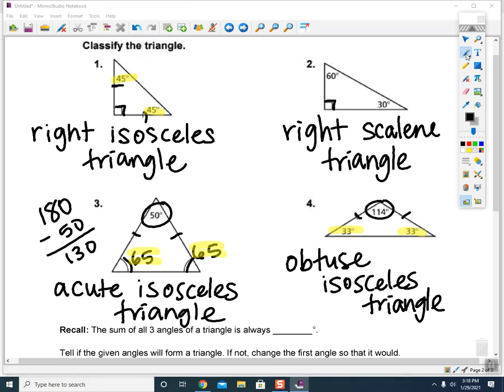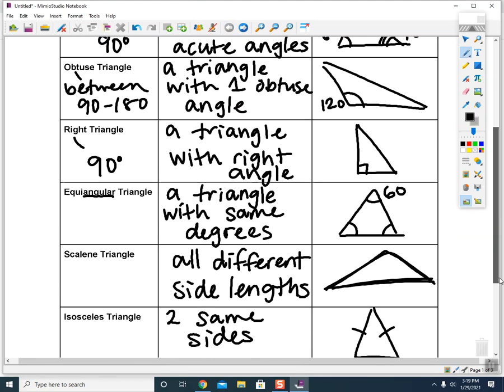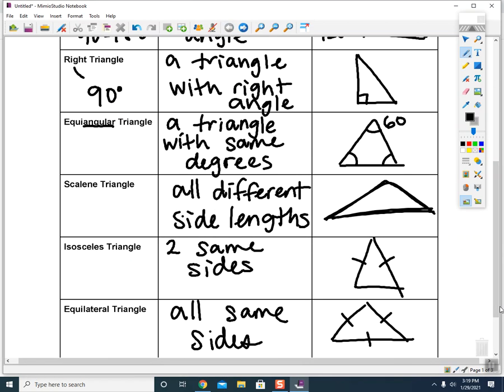So not only do isosceles triangles have 2 of the same sides, they also have 2 of the same angles. So let's go back and add that to our definition. An isosceles triangle not only has 2 of the same sides, it also has 2 of the same angles. So these bottom 2 angles are going to be the same as well.